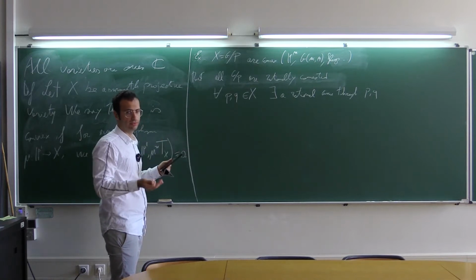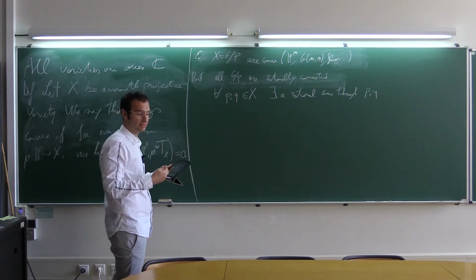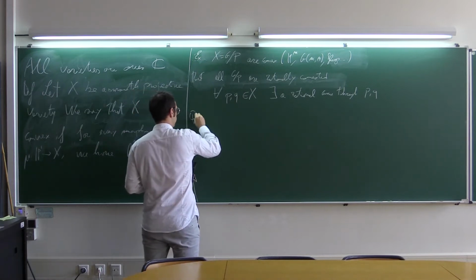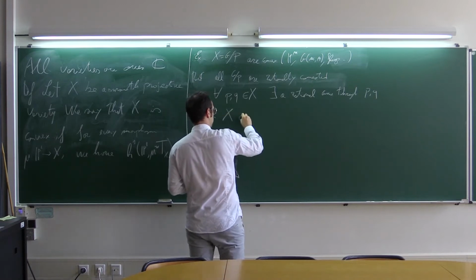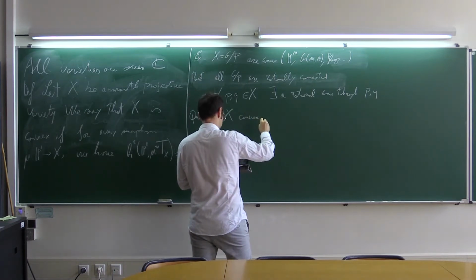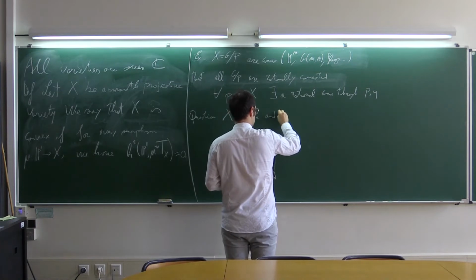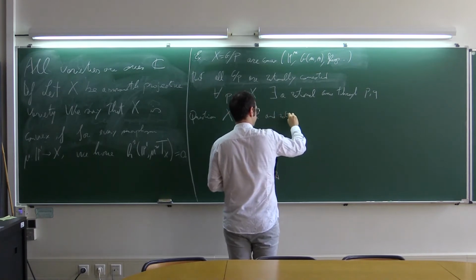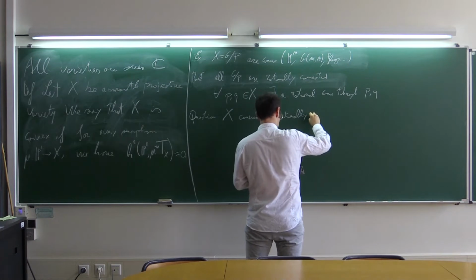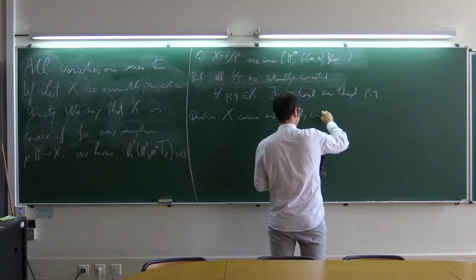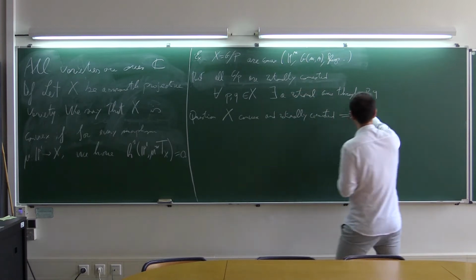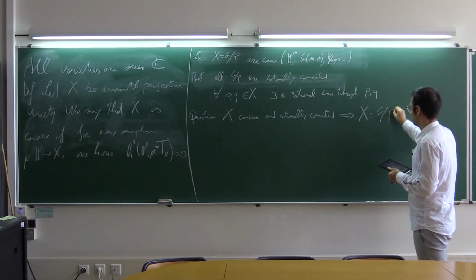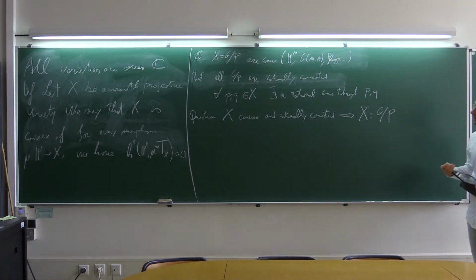It's natural to ask if the converse is true. So, question. Does X convex and rationally connected imply that X is a homogeneous variety, G sub P?